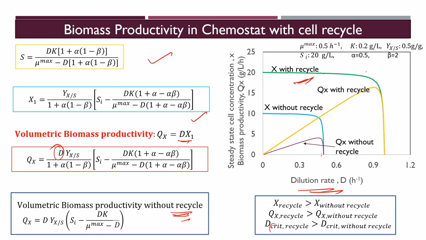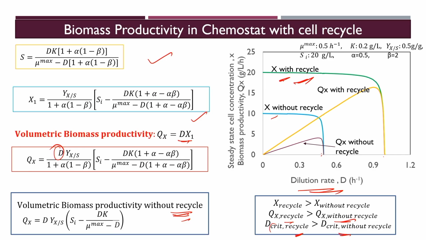It continues increasing, then further it decreases. So, this D critical with recycle is much higher than the D critical without recycle. In a similar way, if you see the Qx with recycle, it is much higher than the Qx without recycle, and similarly the biomass concentration is also higher with the recycle.